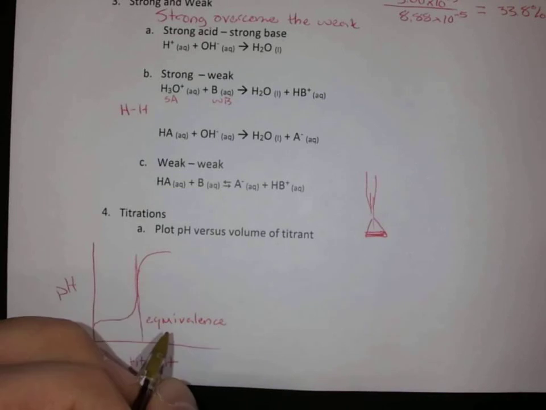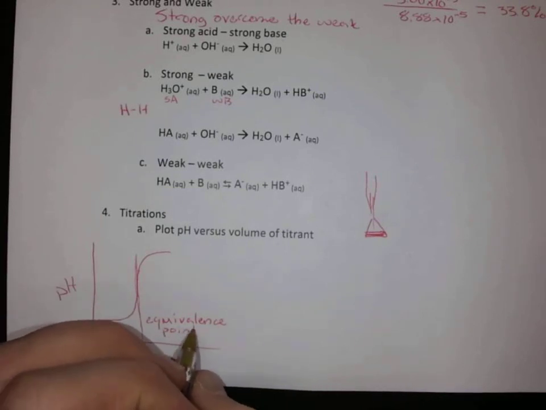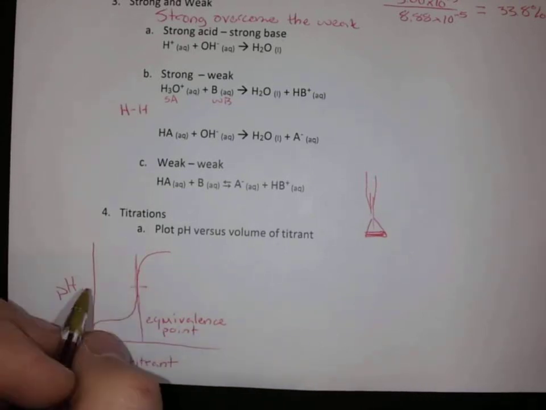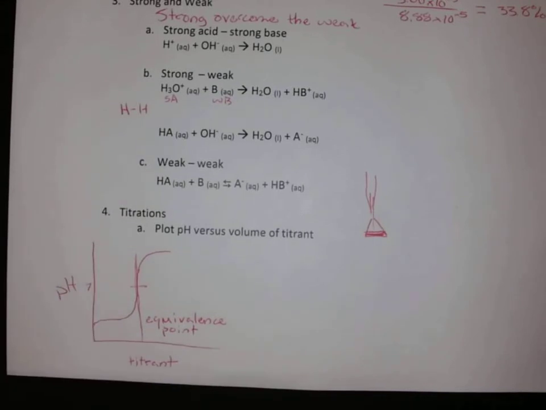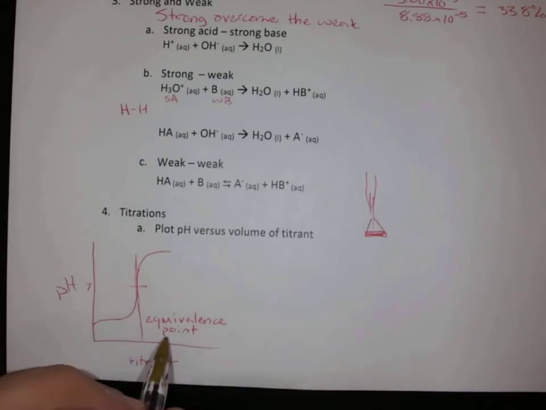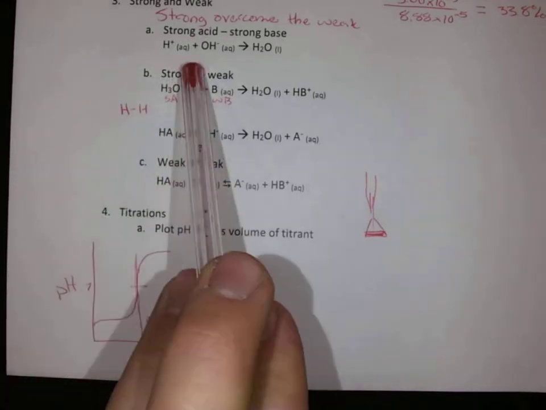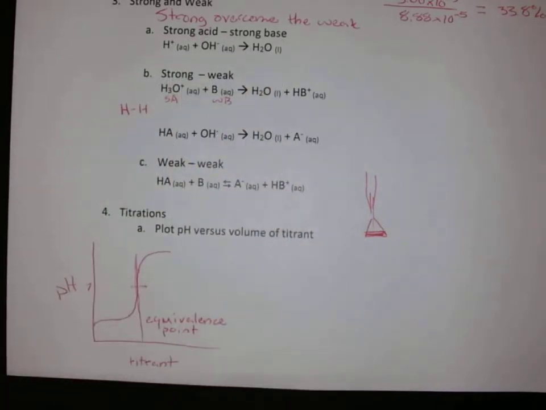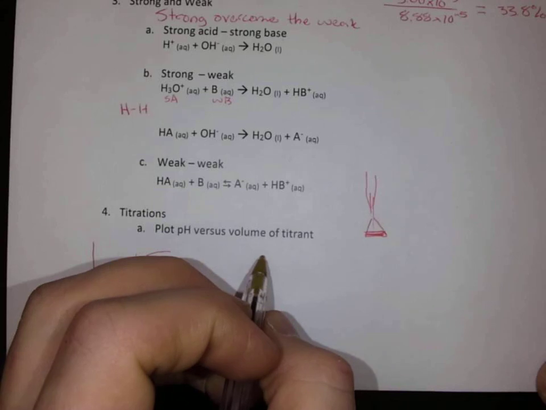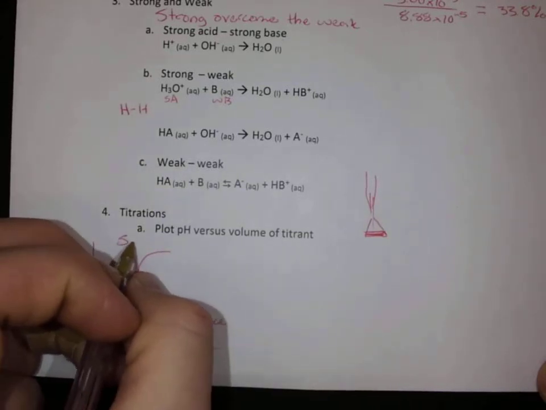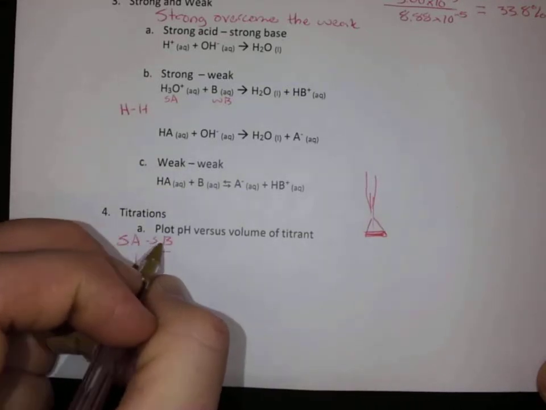So the equivalence point, if we have a strong acid and a strong base, is right at pH 7, okay? Strong acid and strong base, that equivalence point is at pH of 7. That is where we have added the same moles of base as we have started with acid. So because we have a strong acid and strong base, we are just forming H2O, okay?